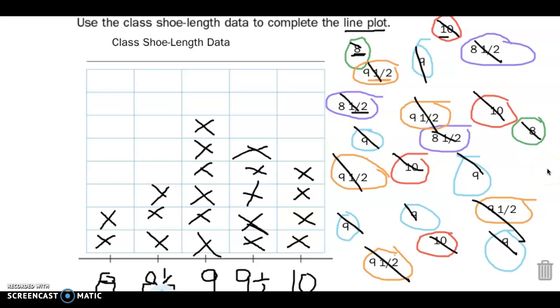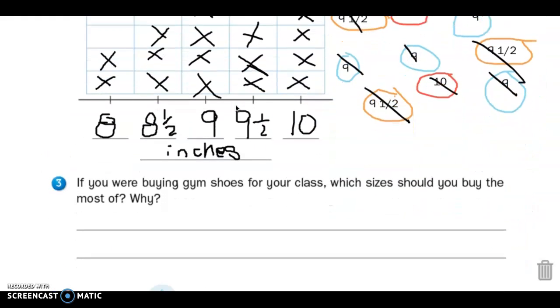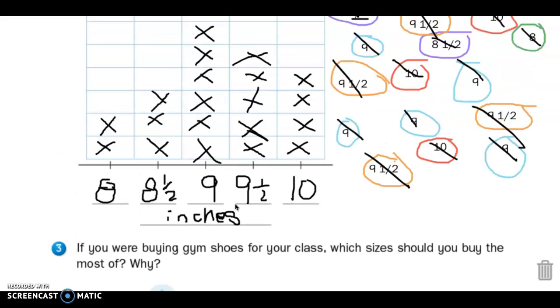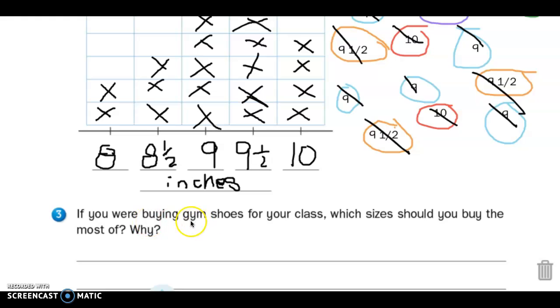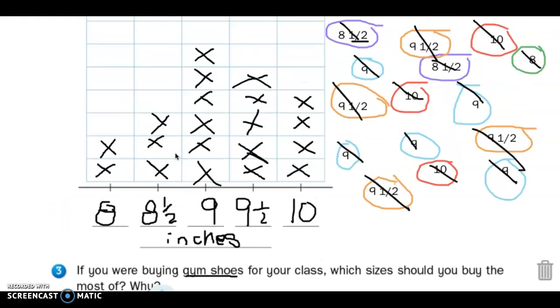Put me on pause if you don't have all of this filled out. If not, we're going to keep going. Your line plot should be filled in. It says if you were buying gym shoes for your class, which sizes would you buy the most of and why? Think about how many Xs we have. What was the most popular? If you were to buy gym shoes for your whole class, here's our class, which sizes would you buy the most of?